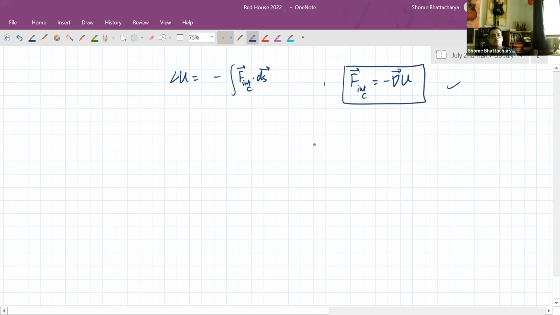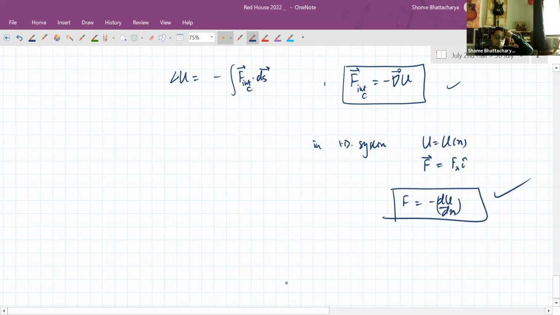This relation, or in 1D systems, potential energy is just a function of a single parameter, and the force is just a single component. So that force is minus dU by dx. A bit of revision of these kinds of things will help in the upcoming chapter.